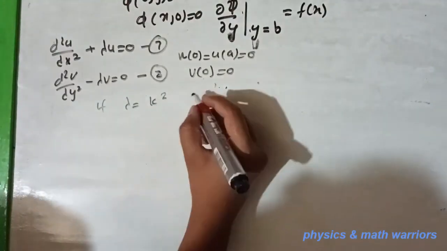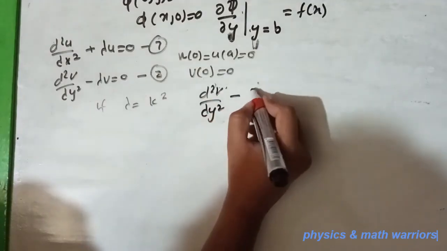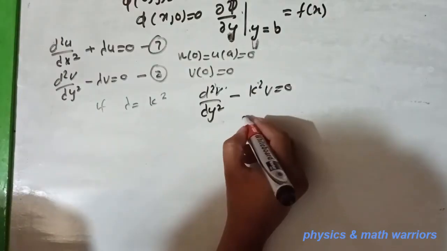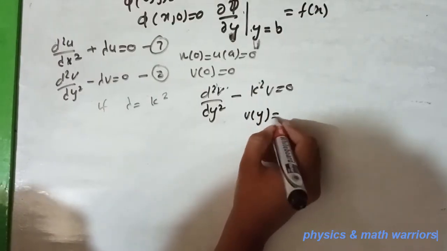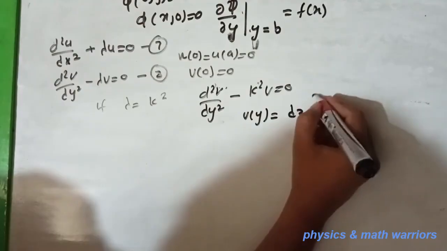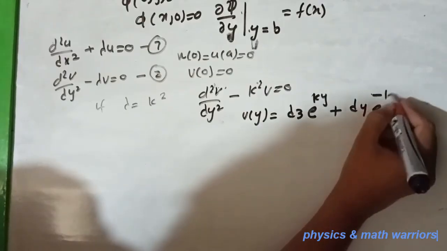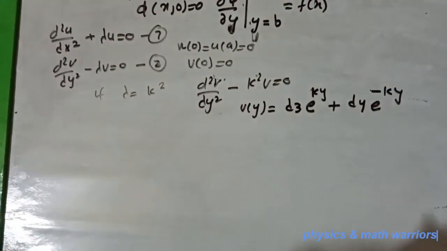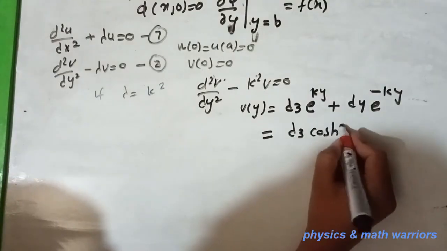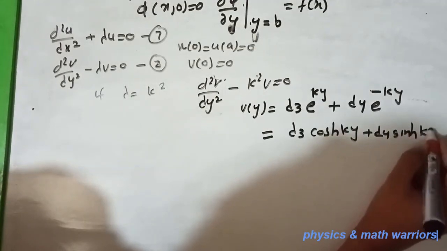If lambda is equal to k square, then equation 8 becomes d square v over dy square minus k square v is equal to 0, and the solution of this equation is v of y is equal to d3 exponent ky plus d4 exponent minus ky, and this can also be written as d3 cosh ky plus d4 sinh ky.